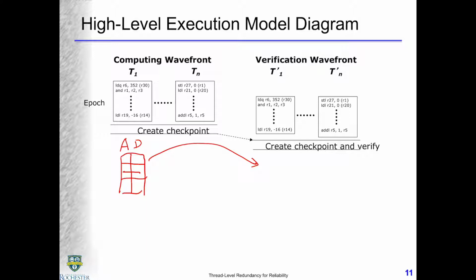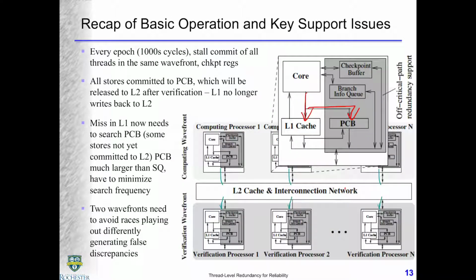So if everything matches, then you're fine. That means the final state of the registers are the same and the incremental change to memory is the same. That's why you can agree that the effect of this epoch, the T1 copy of it, is the same as T1 prime's copy. So that's what PCB does.